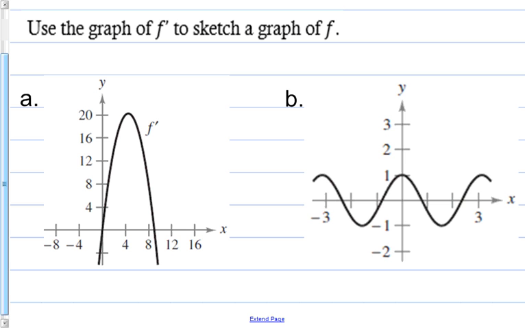Well, these are the graphs of the slopes. So wherever my slopes are 0, right here and right here, that means the original equation had a min or a max.